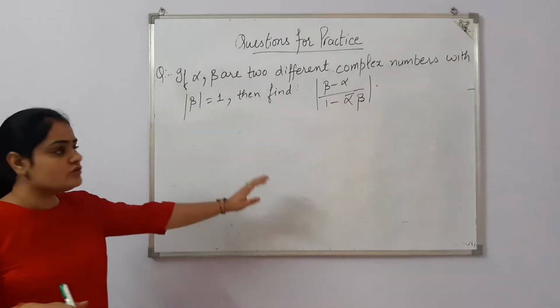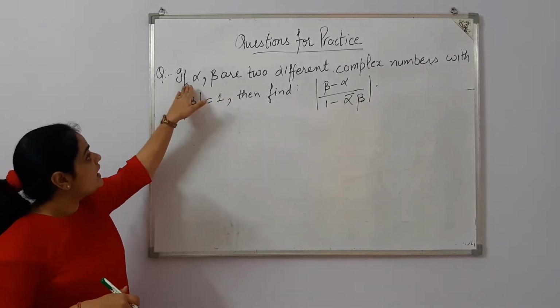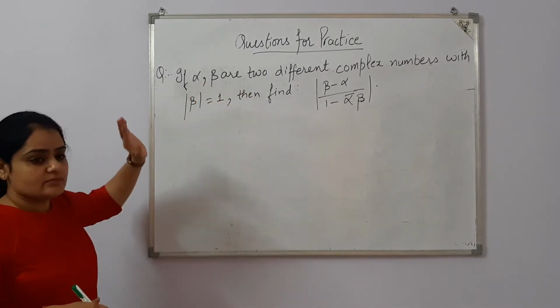This is your NCERT's question. NCERT's miscellaneous question. Alpha and beta are two different complex numbers.